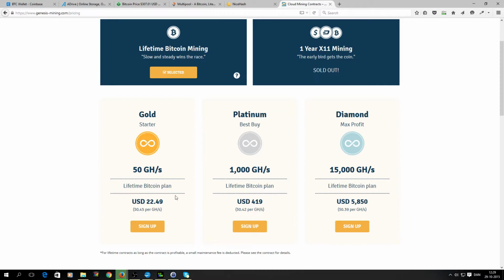The reason this is not really a lifetime Bitcoin plan, but rather a temporary plan, is that your contract will only be valid as long as it's profitable. In time, many factors will change. There will be faster and cheaper mining equipment, or at least the equipment would be cheaper per gigahash mined.